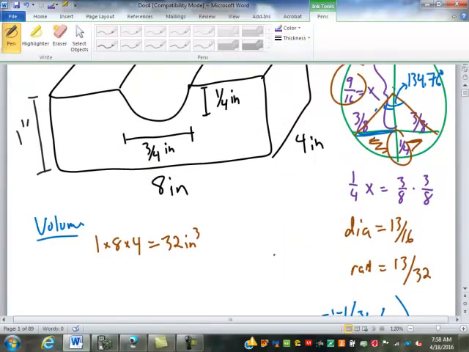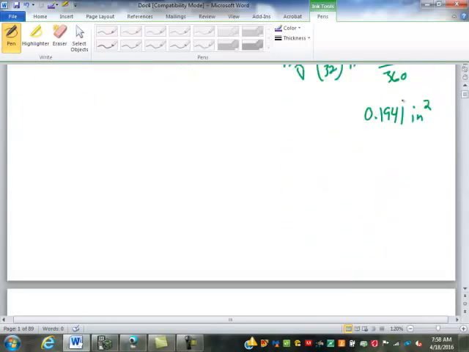Then the area of our triangle, I had showed you a formula once for the area of the triangle. Well, we could do that, but there's another formula, a trig formula. If you have a triangle where you have two sides, oops, that's 13/32, not 13/16.